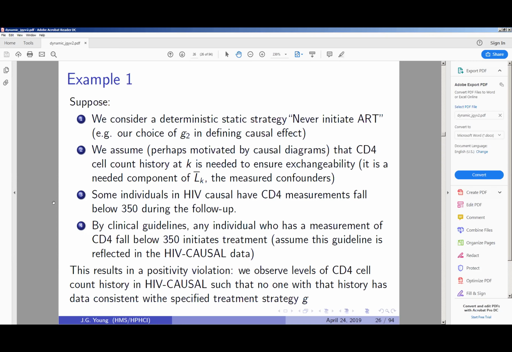So it's possible to observe people with CD4 cell count history that low, everyone who has CD4 that low will be treated, and our question is never initiate ART. This is an example of a positivity violation, because it's possible to observe levels of CD4 cell count history, a component of our assumed L bar K vector, such that no one with that history has data consistent with the specified treatment strategy.